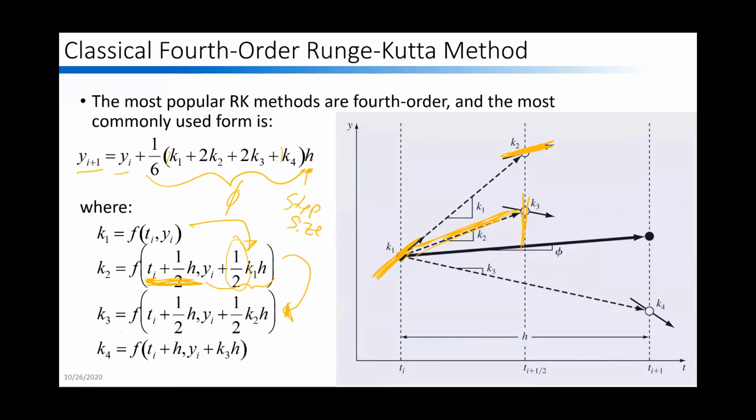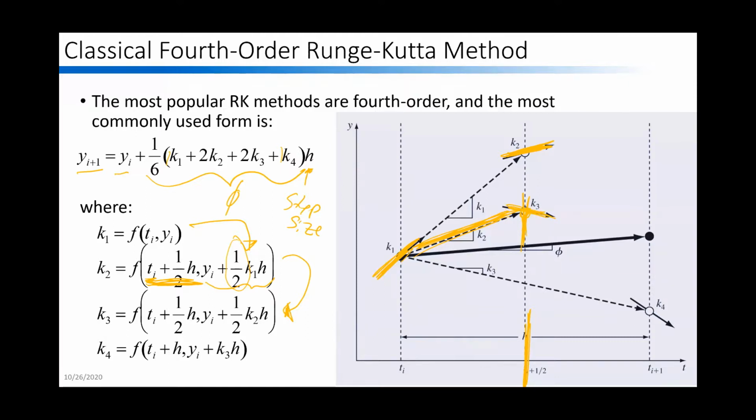If I look at K3, the slope at this point here, it's going to be my derivative function f at t plus 1/2 h, because I'm still sitting at that halfway point. And my y is going to be y_i plus 1/2 K2 times h. So I'm going to use this K2, which was my average, and put that into K3.